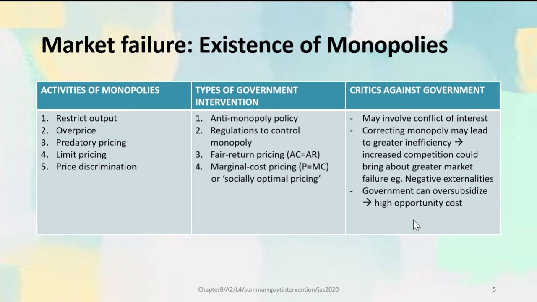But of course, if there is over-subsidization of one particular firm, there will be a huge opportunity cost for other sectors of the economy. So I hope you're able to understand that part, why there are critics against the government when they try to impose policy on the monopoly itself.